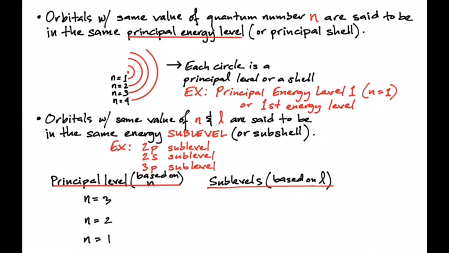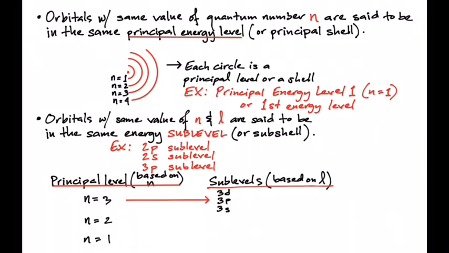So let's take a look at an example here. We have the energy levels, n equals 1, 2, and 3. And based on these n values, you have specific L values, right? Remember that the values of L are dependent upon the value of n, from 0 all the way to n minus 1.